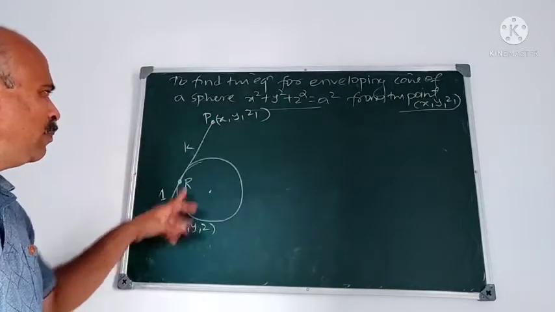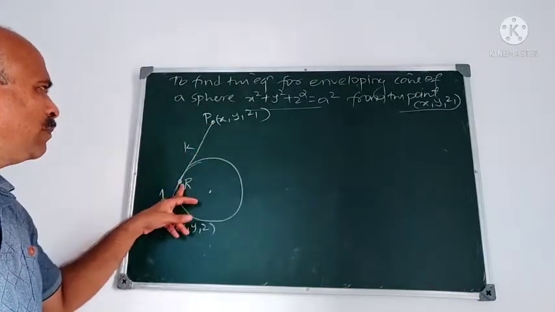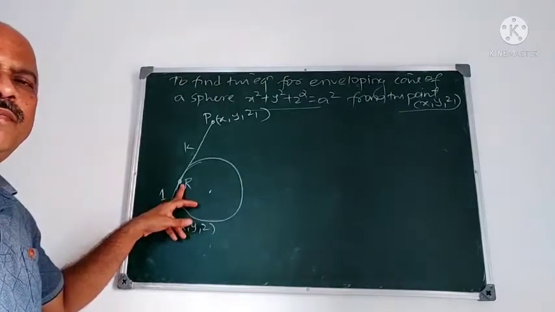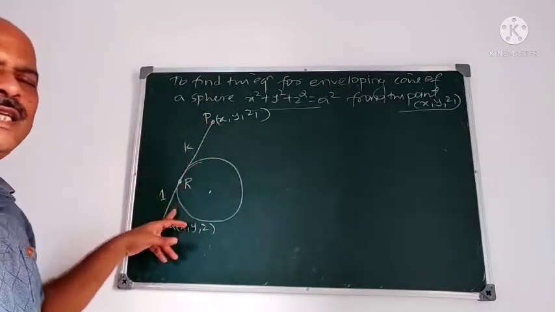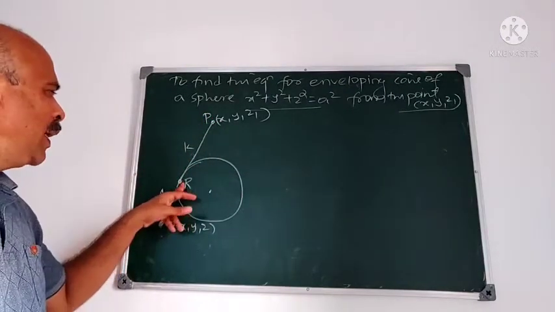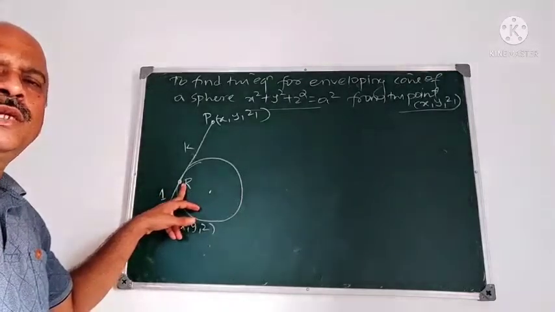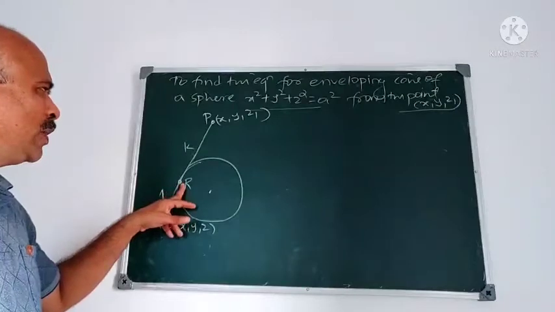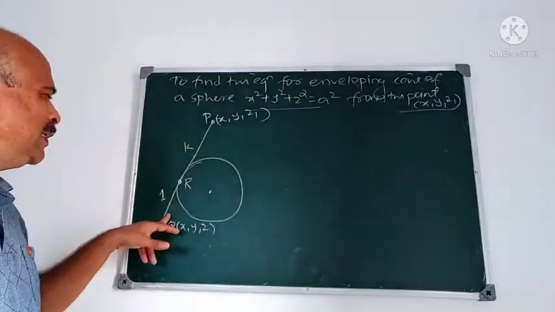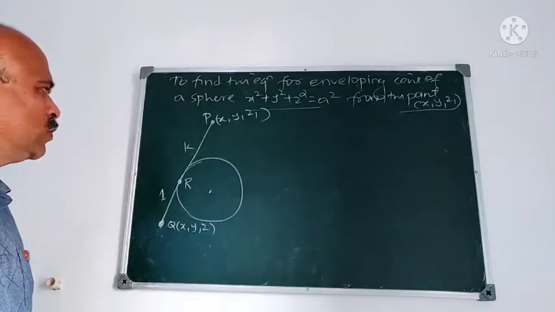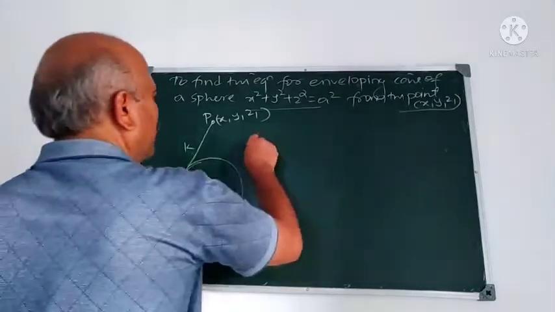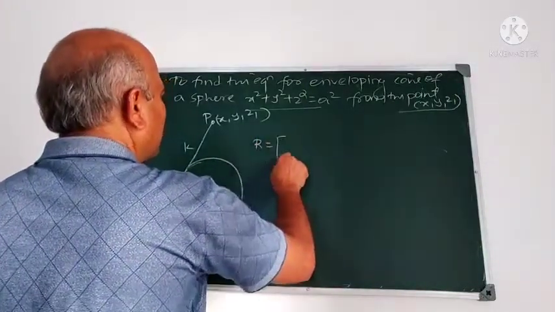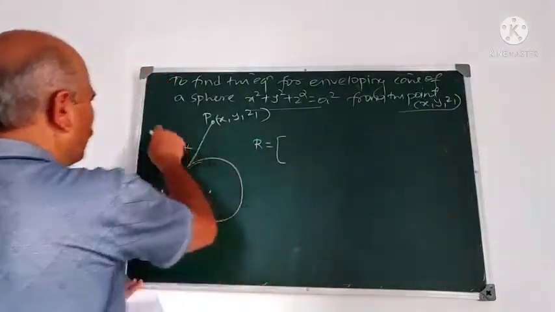PQ is a tangent line from the point P. R is the point of contact of the sphere and the line, and suppose this point of contact divides the tangent in the ratio k is to 1. Then what is R? How do you get R? We apply the section formula.